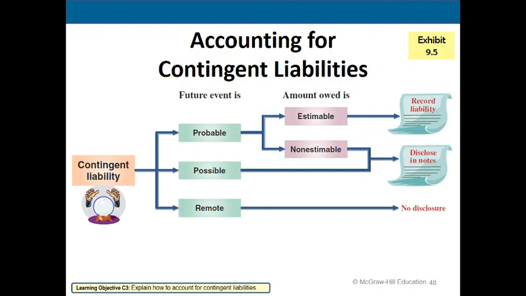Well, you're simply going to disclose the nature of the liability and the fact that it's probable in the disclosure notes that come with the financial statement. If the future event is possible, meaning it could occur, you're simply going to disclose in the notes to the financial statement. And then, of course, if it's remote, meaning it's unlikely to happen, we don't do anything with it. No disclosure, nothing in the balance sheet, nothing.